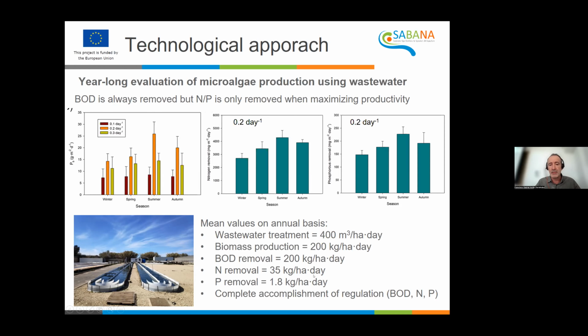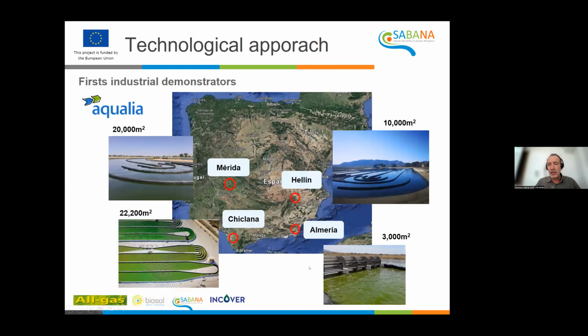This knowledge has been shared with the company, with Aqualia, and after 2 years of projects, they were able to install real demonstration facilities. The ones already in operation in Egin, 1 hectare in a single reactor, and 2 hectares of raceway reactors treating wastewater in the town of Merida.